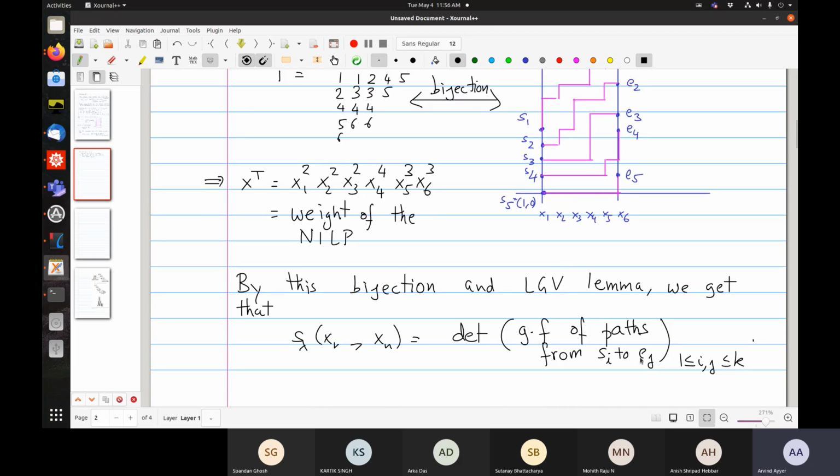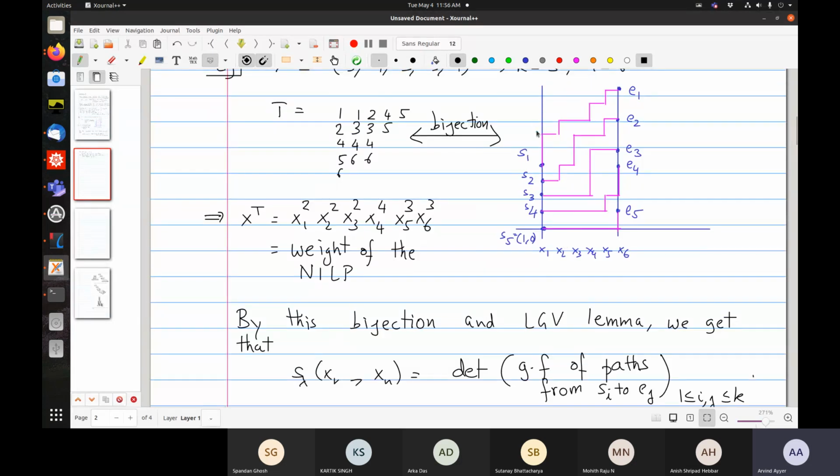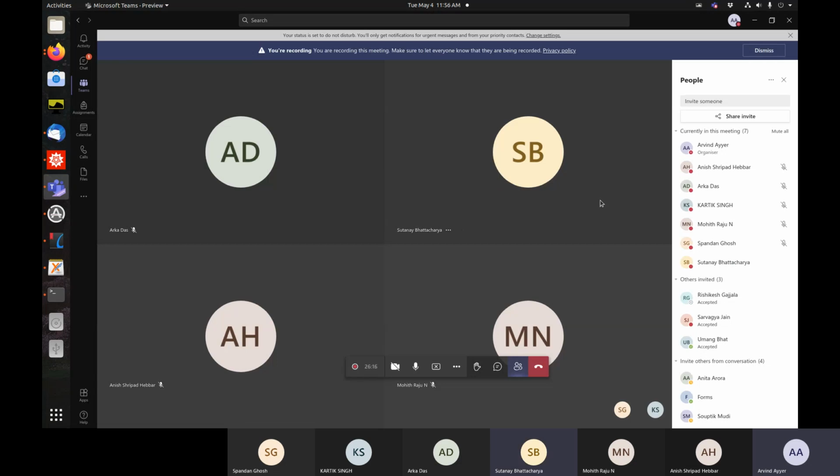Remember, we are just considering one single path. We are not talking about any non-intersecting paths. This is just a single path from Si to Ej. So is there any restriction? Can you have all of them in the first column or second or whatever? Yeah, it's totally possible.